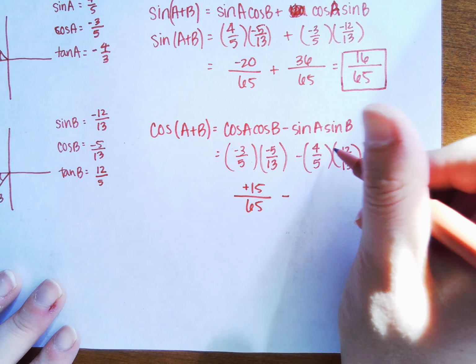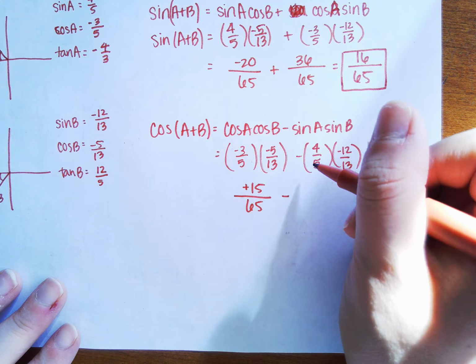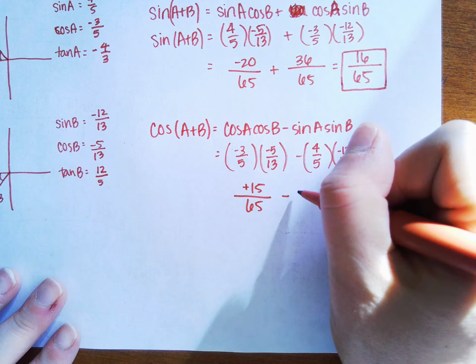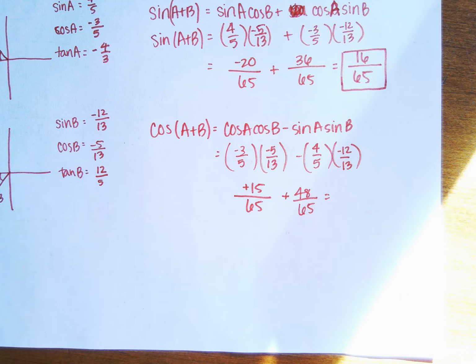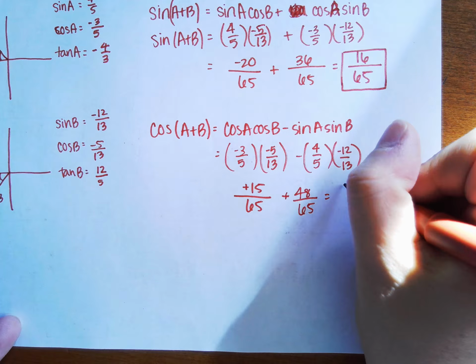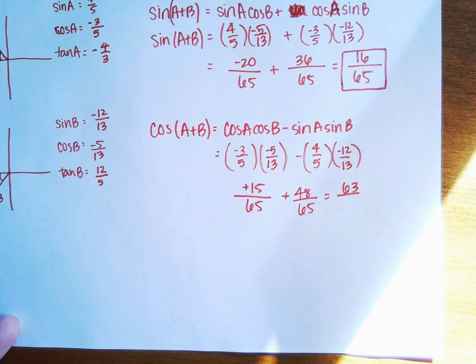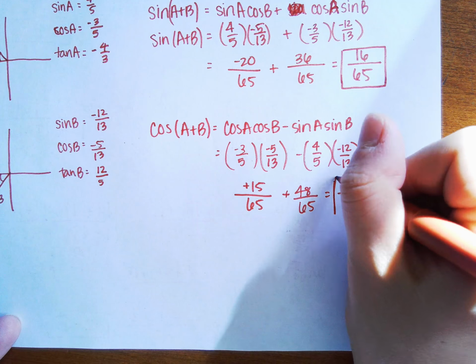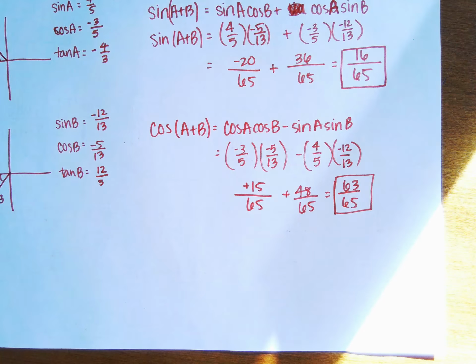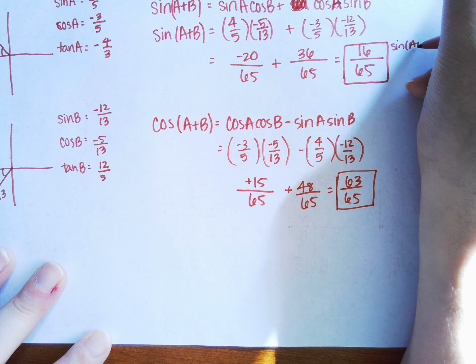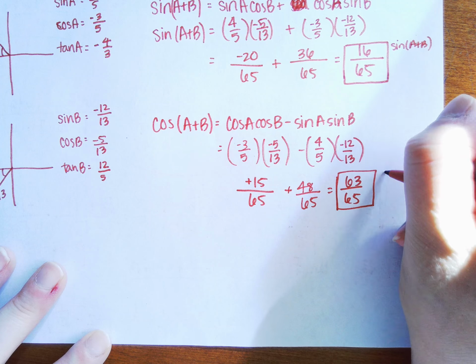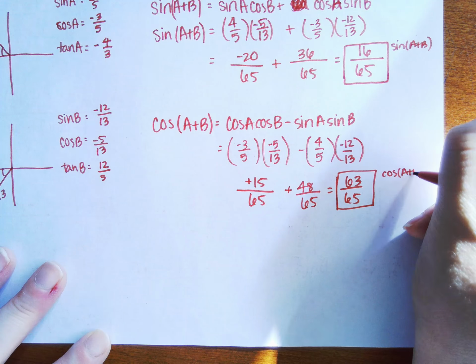For negative 4 times negative 12, that's going to be positive 48 all over 65. Then we add our fractions across and get 63 over 65. So that's the sine of A plus B. This is the cosine of A plus B.